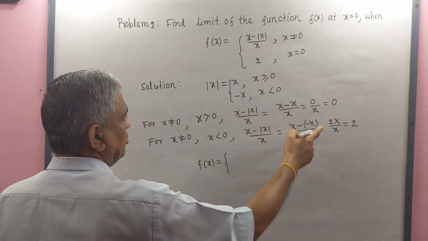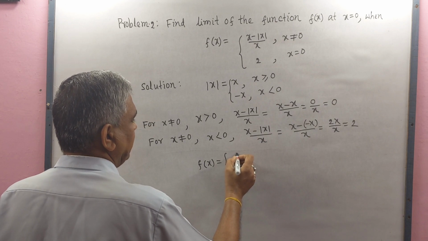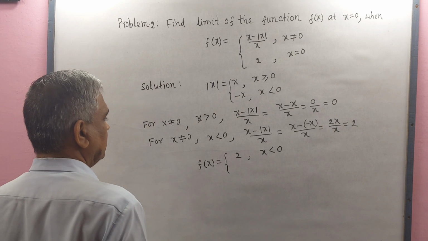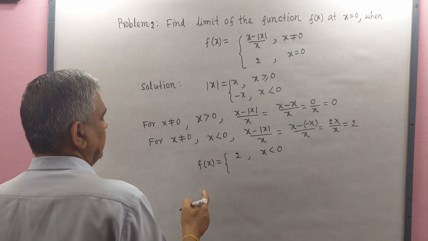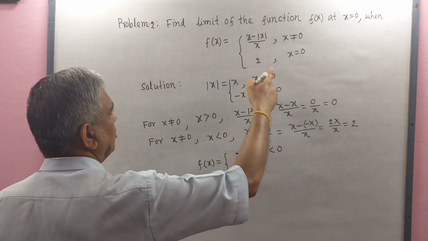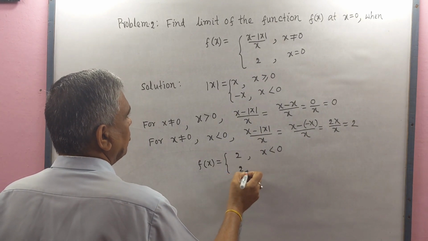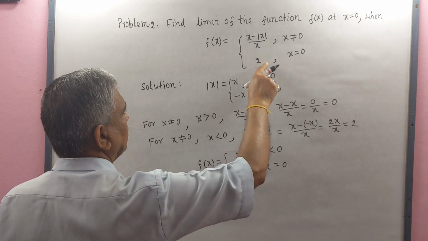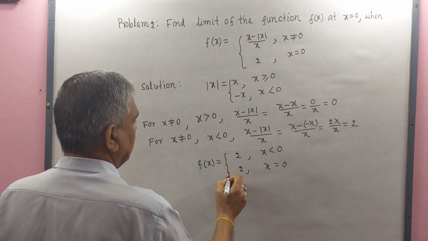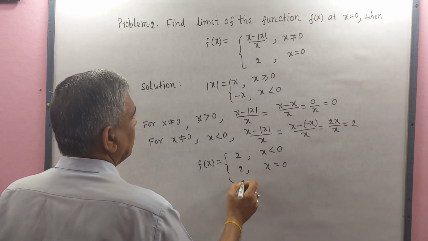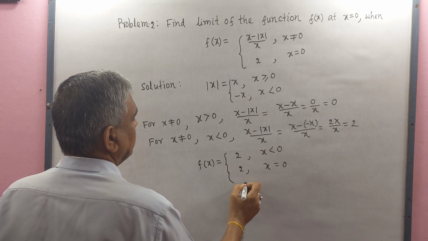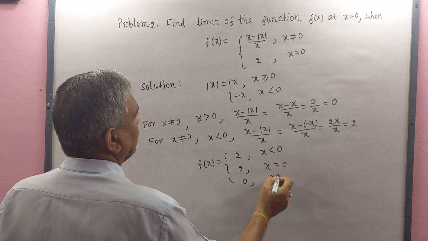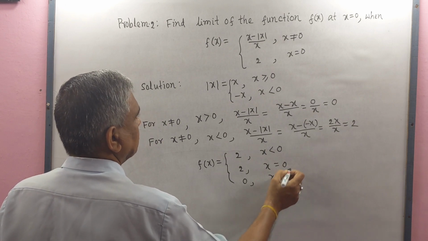For less than 0, we get the value of the function is 2 for x less than 0, and f(x) equals 2 for x equal to 0. It is already given, and this is equal to 0 for x greater than 0 here.